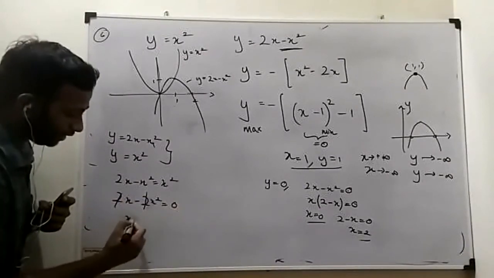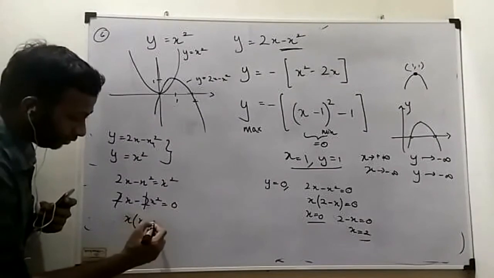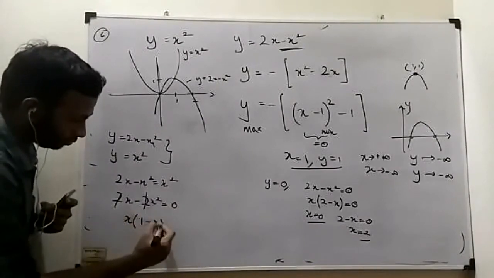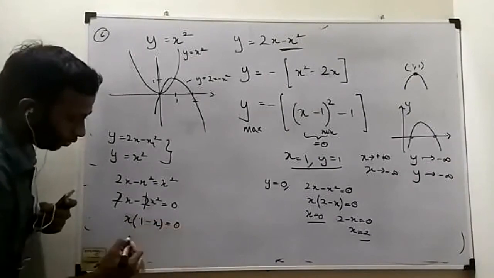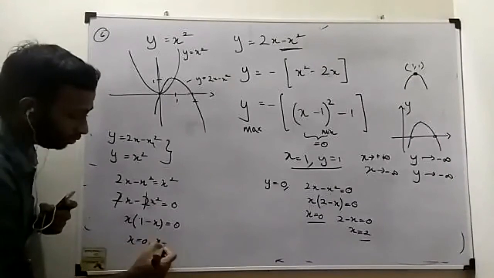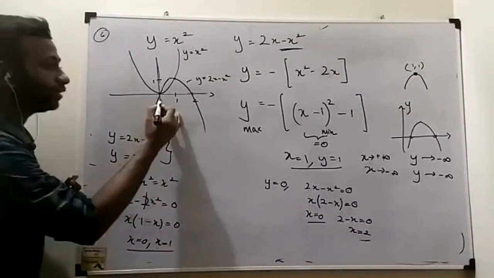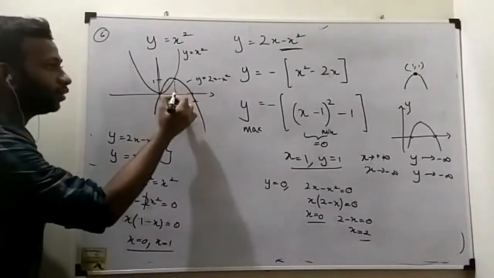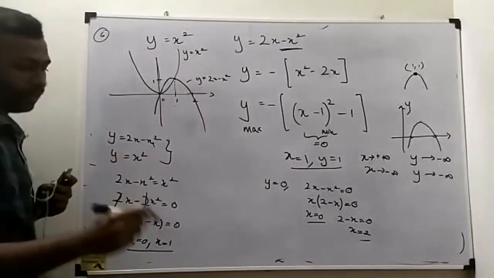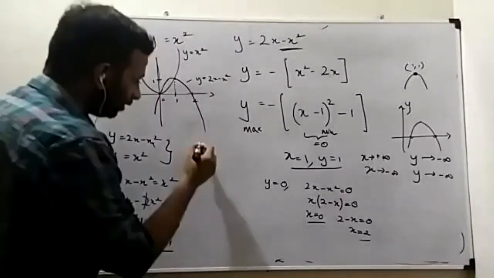Then if you take x out, you get x times 1 minus x equal to 0. Therefore, x is equal to 0 or x is equal to 1. So we got x equal to 0 here, and x equal to 1 at this point.